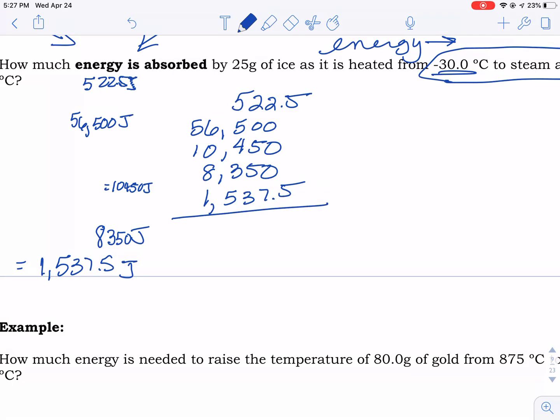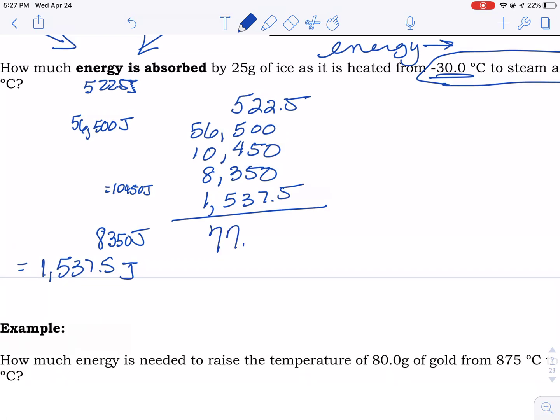So if I add that up, I end up with 77,360 joules, or 77.4 kilojoules, if you want a more manageable number. Okay? See, it's kind of fun. It's like a little puzzle.